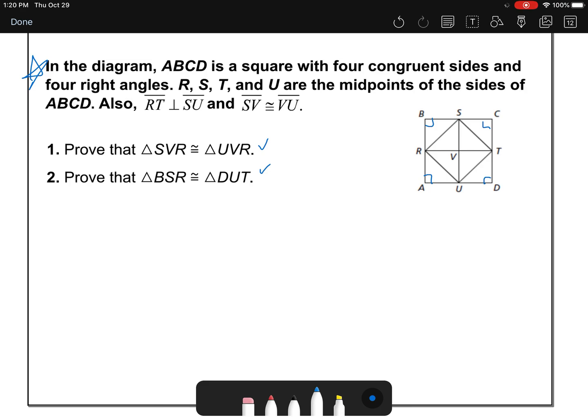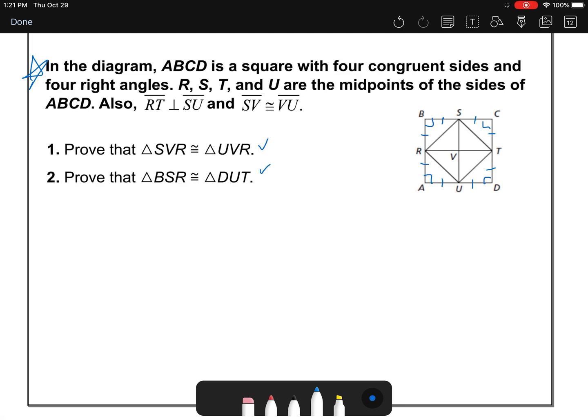R, S, T, and U are the midpoints of the sides. Well, we know that all 4 sides are equal in a square, so the midpoints divide all of these sides equally. Well, what are each of these little triangles? AUR, DUT, TCS, and BSR.